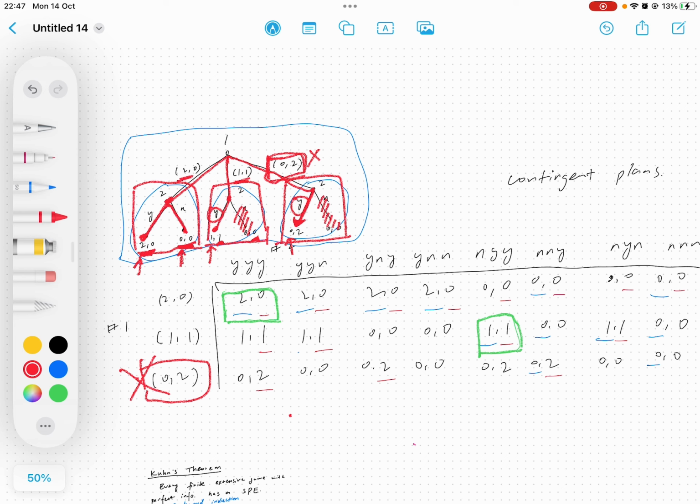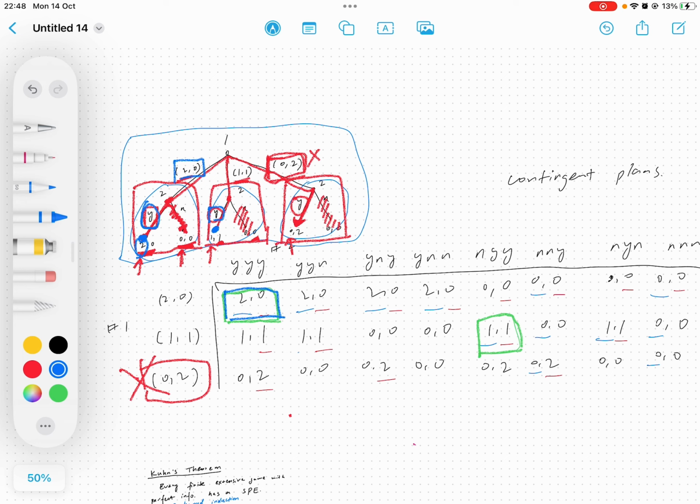If player 2 chooses Y, we remove this from the picture, and the only thing we need to compare is this Y outcome and this Y outcome. Here player 1 will of course choose 2-0, because player 1 could get 2. So this equilibrium outcome would be Y and 2-0, giving a 2-0 payoff.